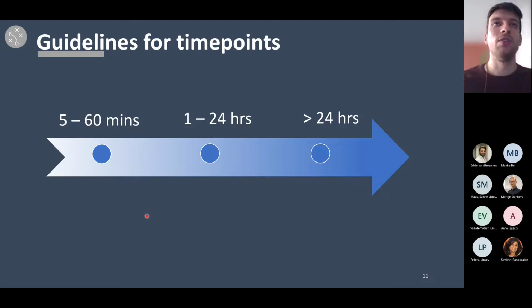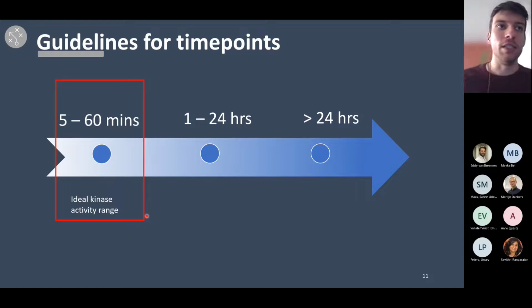So to get an efficient experimental design, there's always a consideration of which time point you take for the assay. An exact time point is highly dependent on your scientific question. What we generally see is that between 5 and 60 minutes is the ideal kinase activity range.